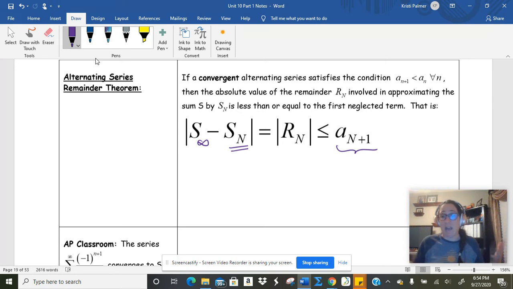So how close are we to what it converges to? We're close enough by that next term. It's kind of like the absolute value of that, just the a sub n part, not the -1 to the n. So if you want to think absolute value, you can, but it's just ignoring that -1 to the n.